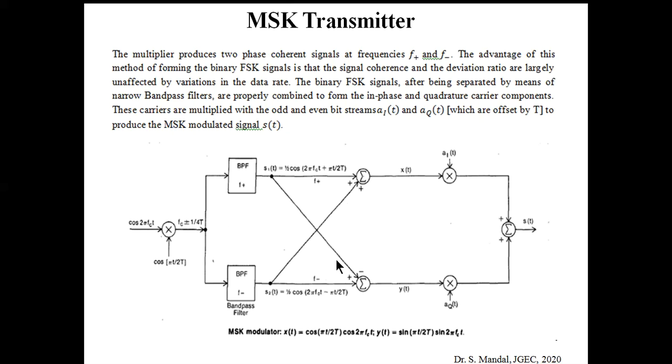It can be simply generated using the mathematical equation of MSK, which is nothing but AI(t) into cos(pi t by 2T) into cos(2 pi fc t) plus AQ(t) into sin(pi t by 2T) into sin(2 pi fc t).